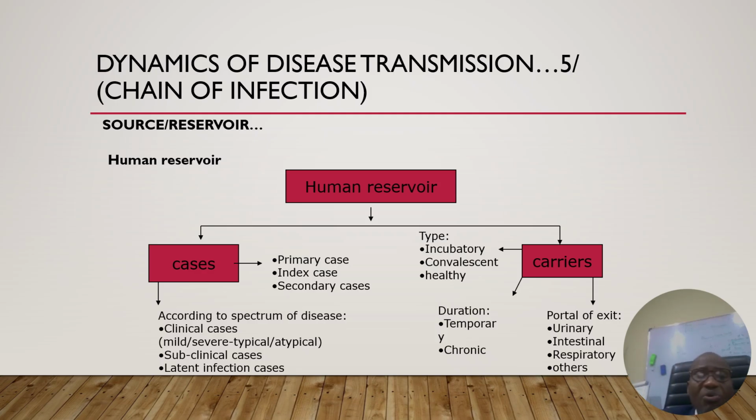All these are capable of being the source of infection, like during an outbreak. For carriers, we can have incubatory, convalescent, healthy. These are harboring the organism, though they may not manifest symptoms or overt clinical signs, but they are capable of transmitting diseases.